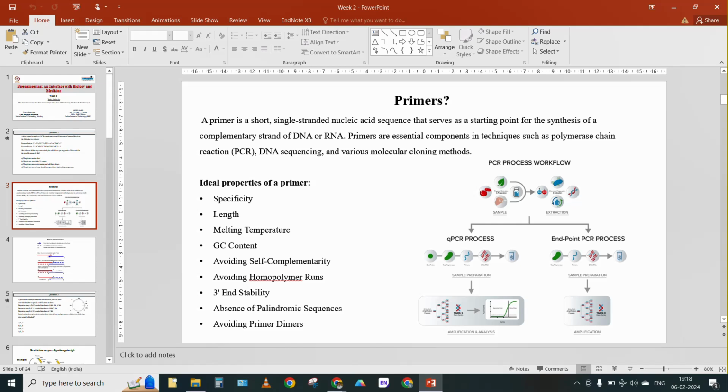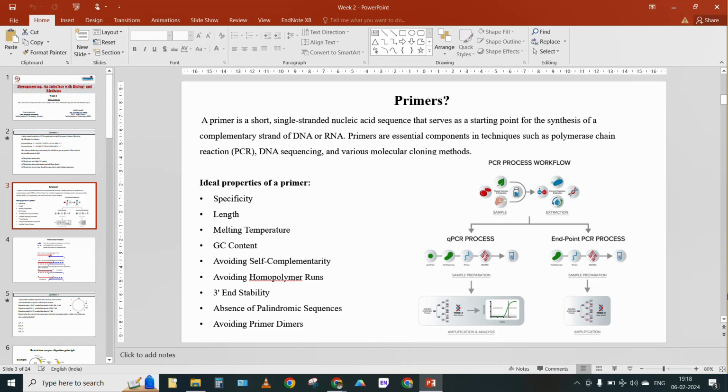The next property is avoiding self-complementarity. A primer should not have significant self-complementary regions, as this can lead to secondary structures affecting primer annealing and amplification efficiency. The next property is avoiding homopolymer runs. Long stretches of the same nucleotide should be avoided in primer design, as they can lead to mispriming or non-specific amplification.